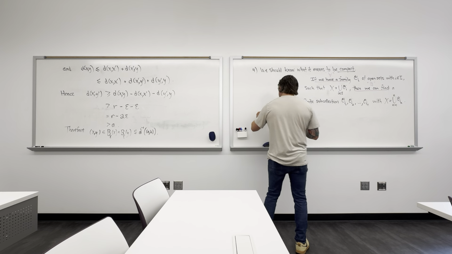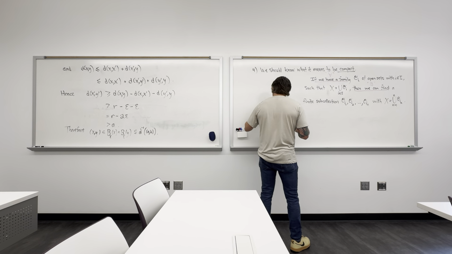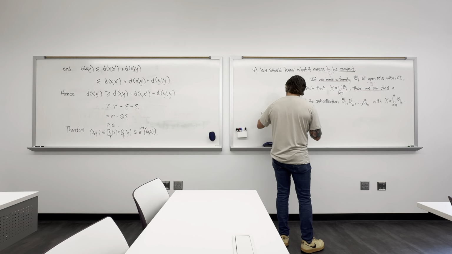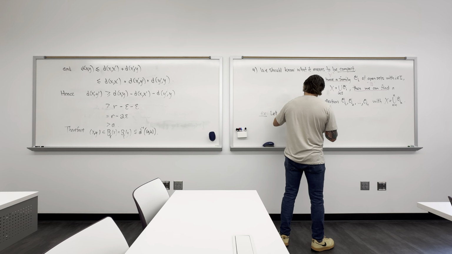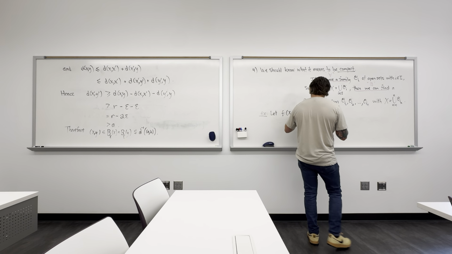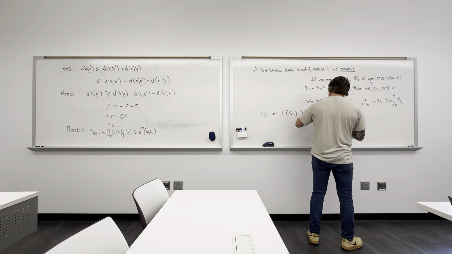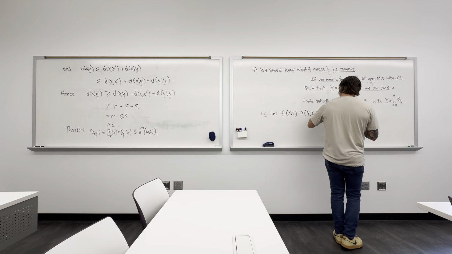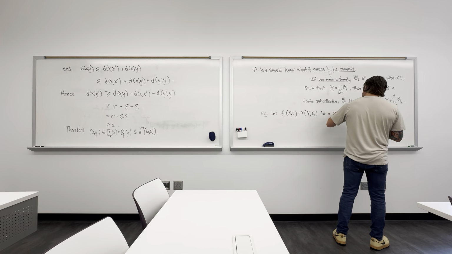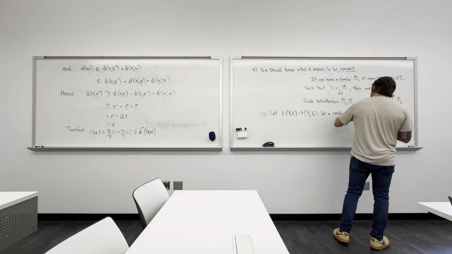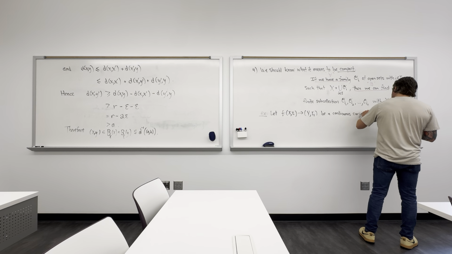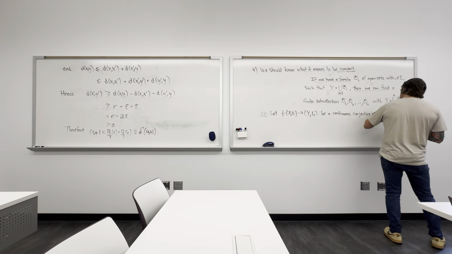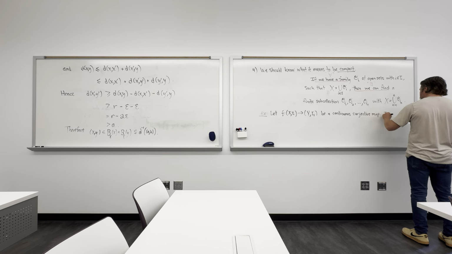A nice example to look at, I'm not going to work this in the video here, but let f be a mapping from (X, tau) to (Y, tau 1), a continuous surjective map.